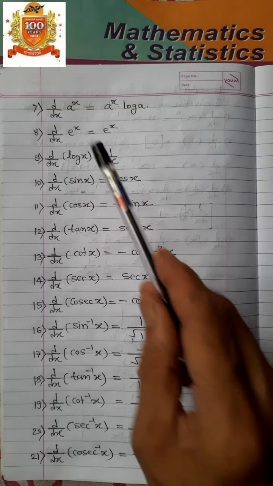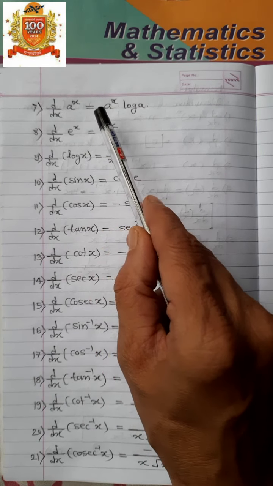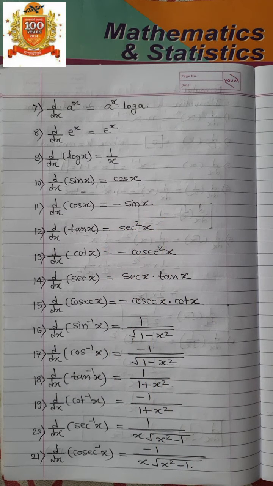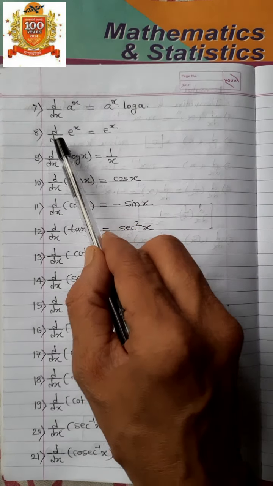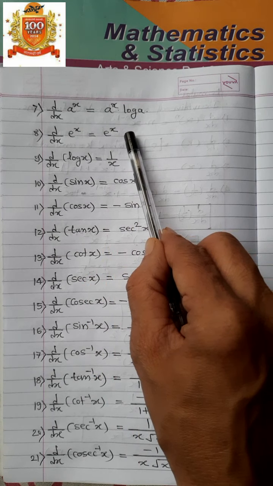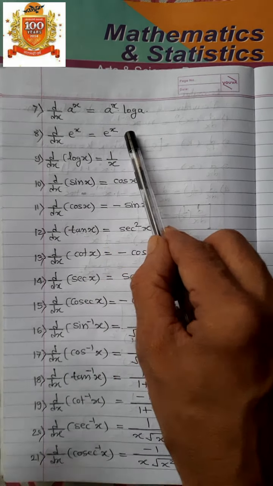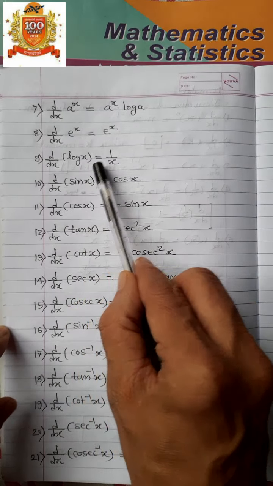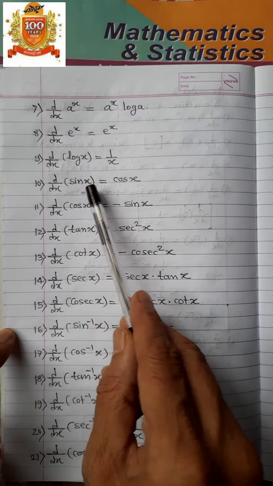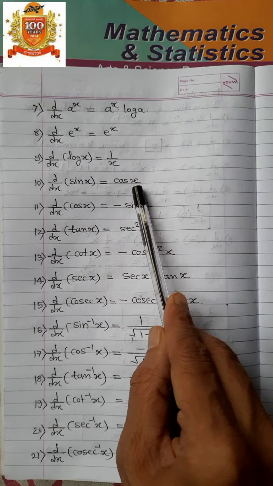Next, derivative of a raised to power x is a raised to power x into log a. Derivative of e raised to power x is e raised to power x. Derivative of log x is 1 upon x. Derivative of sin x is cos x.